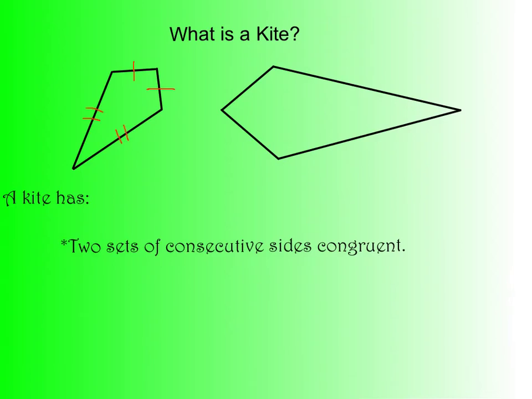Notice that they're not opposite each other, they're directly next to each other. So in this second example, congruent, congruent, and congruent, congruent. I have 2 different sets of congruent sides. There's 1 there, and then 2 there. I'm always going to have my sides that are next to each other being congruent.